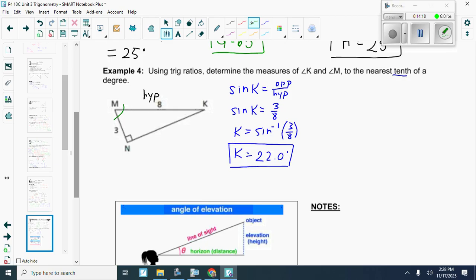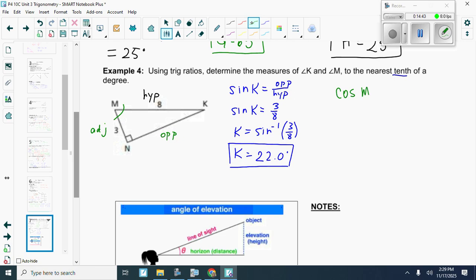And now we're going to do M. The hypotenuse stays the same, it never changes, but the opposite is now the side across from my angle, and the one that's touching my angle becomes the adjacent. So what am I going to use when I want adjacent and hypotenuse? Awesome, we want our cos.